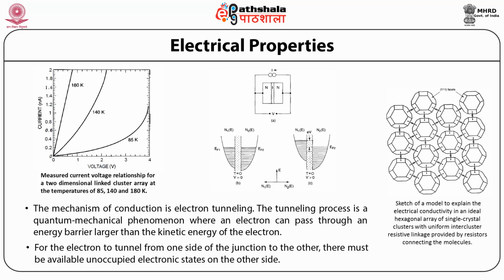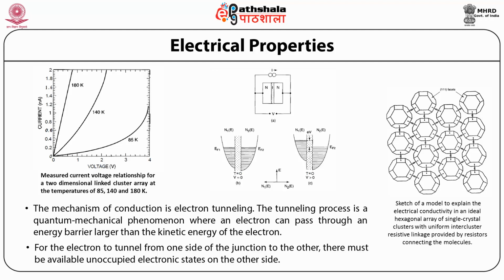The net flow of current I across the junction is the difference between the current flowing to the right and the left, which is given as I equal to K integral N1(E minus eV) N2(E) [f(E minus eV) minus f(E)] dE, where K is the matrix element, which gives the probability of tunneling through the barrier.